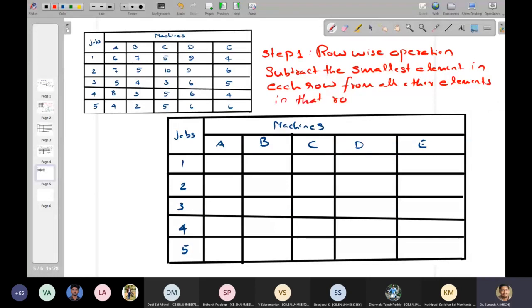Now the first row, what is the smallest element? Four.